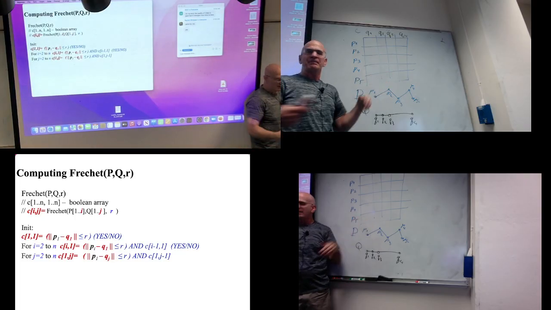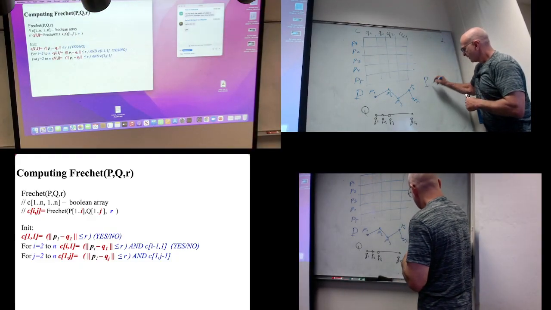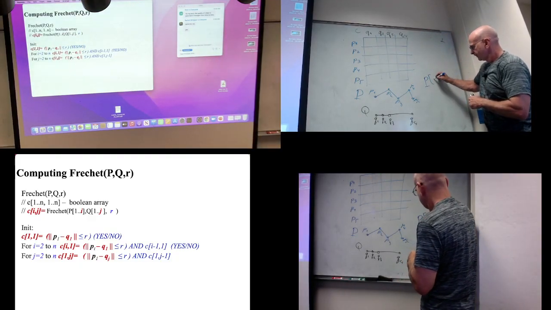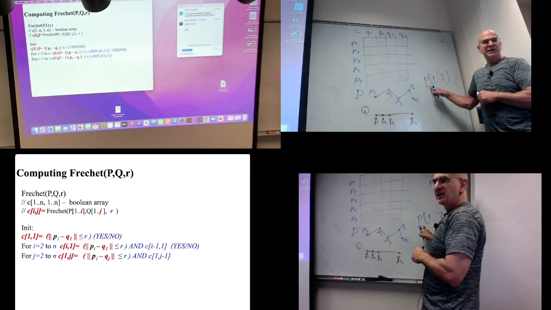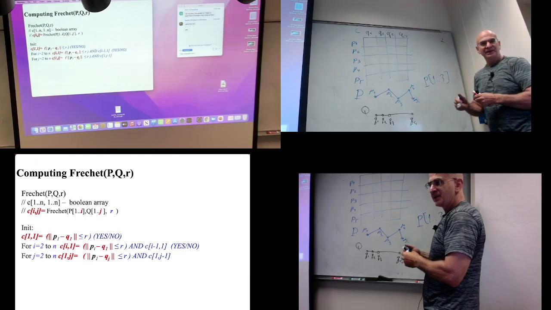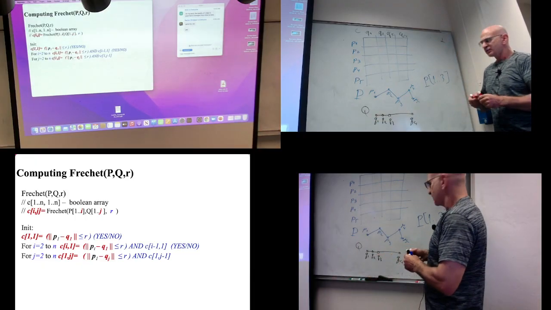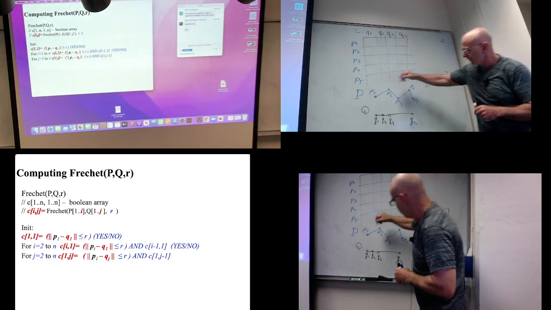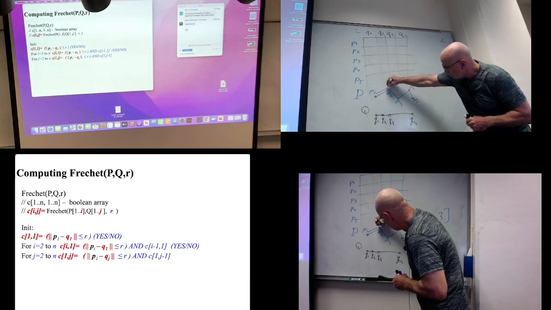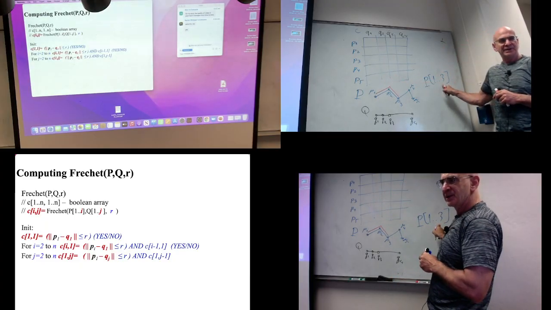When I write P of 1..3, I mean the prefix of the first 3 vertices of P, compared to the LCS, the edit distance, dynamic time warping. What is P of 1..3? It's the polygonal path that consists of P1, P2, P3. A prefix of 3 vertices.